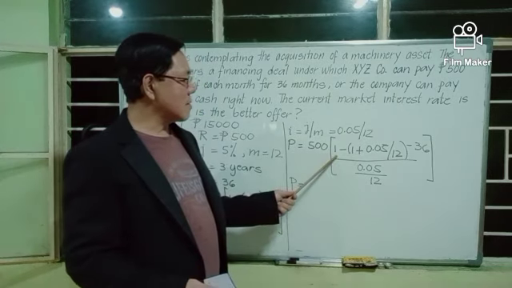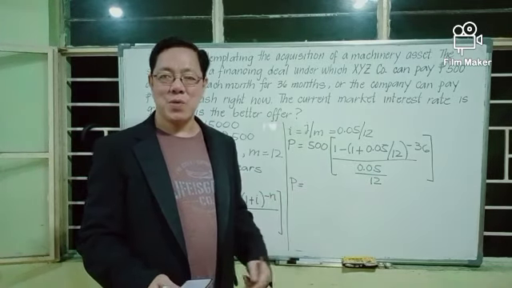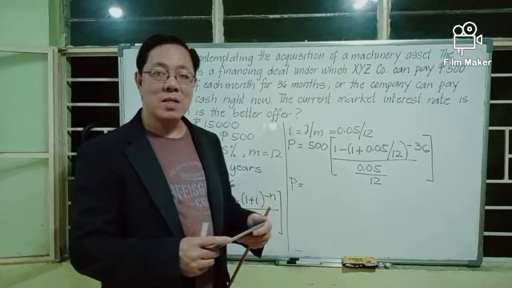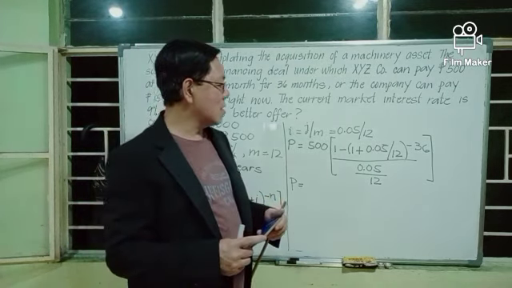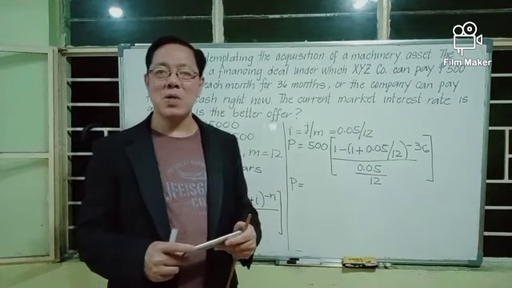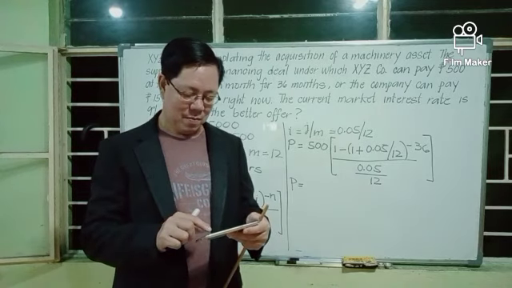Or you can type this directly into your calculator. You may start with 1 minus quantity 1 plus 0.05 divided by 12 to the power negative 36.